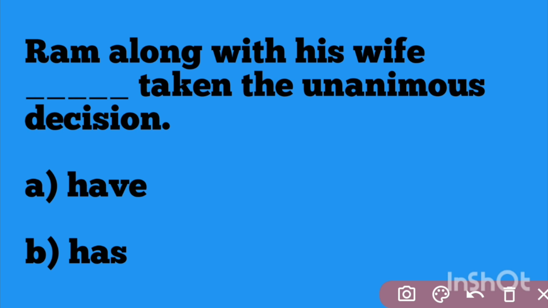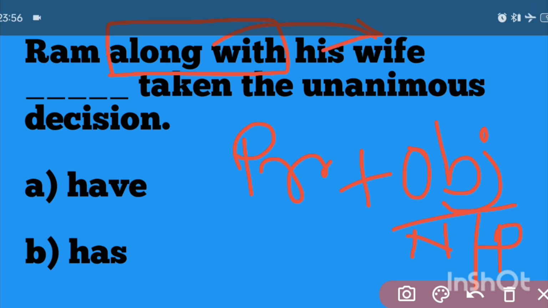So we have to decide whether the subject is singular or plural. Friends, here you can see along with. It is basically a preposition. Whenever we use any kind of preposition, my dear friends, after that we have to provide its object. And this object will be noun or pronoun, you know it. So as along with is a preposition, obviously his wife is the object of this preposition.